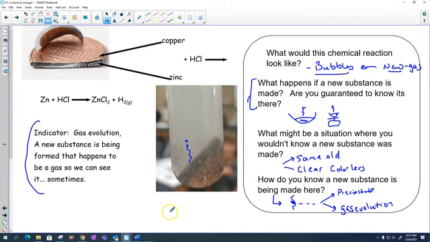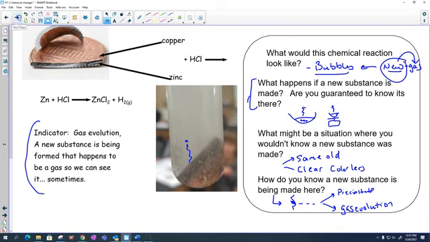It's not guaranteed. Okay? It's like the Packers are up by 14 points, 2 minutes left. It's a good indication that we're going to win the game. But, again, is it possible that we lose? Yes. Okay. All right, so 2 indicators. Start looking for these. They're all based on the same idea. A new substance that looks different so that we can see it.